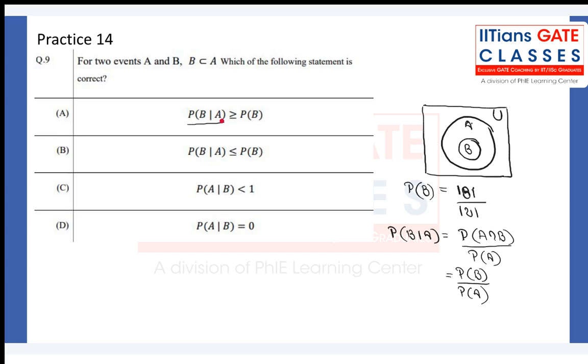Probability of B intersection A is less than or equal to probability of B. Is this true? No. So A is true. Probability of A given B is less than 1. That is always the case because probability should be less than 1. Probability of A given B cannot be 0.